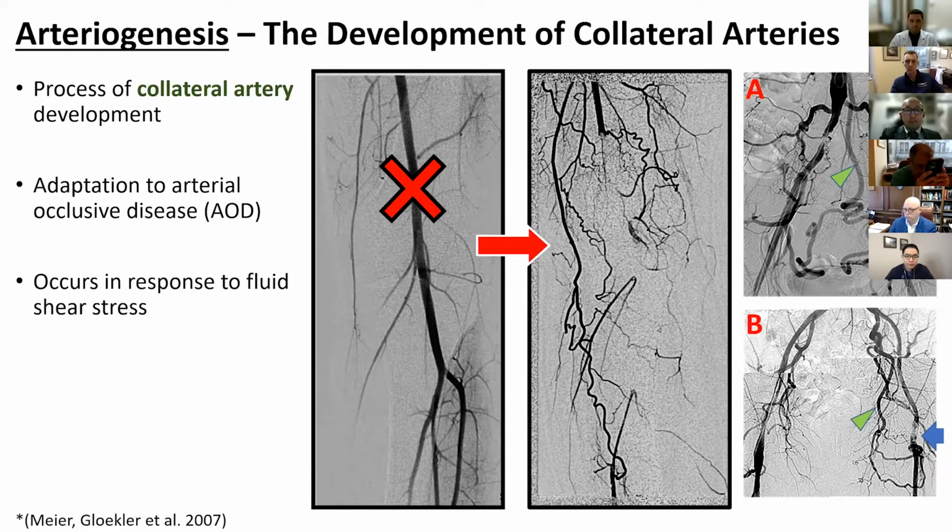The resident cells, namely the endothelium and the vascular smooth muscle cells that exist in those candidate collateral arteries, pick up on those flow pattern shifts and initiate this process of remodeling in order to become functioning and useful collateral arteries.